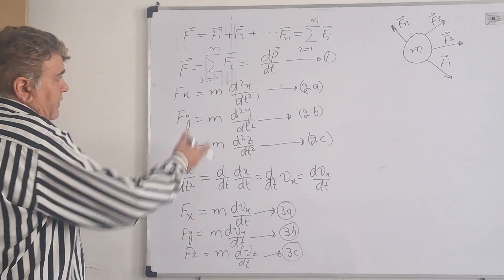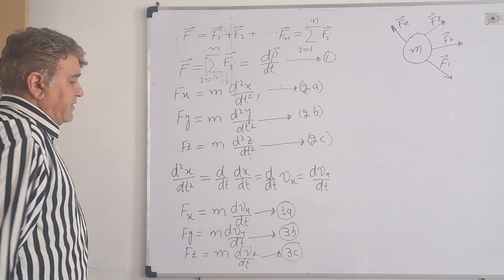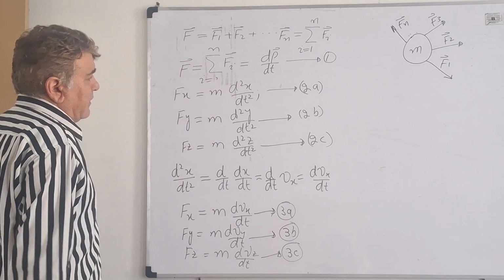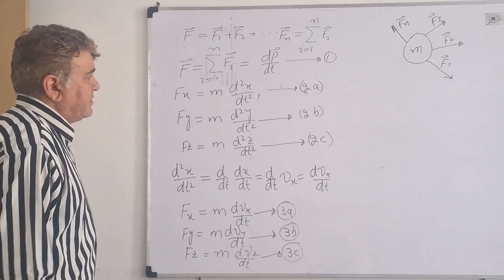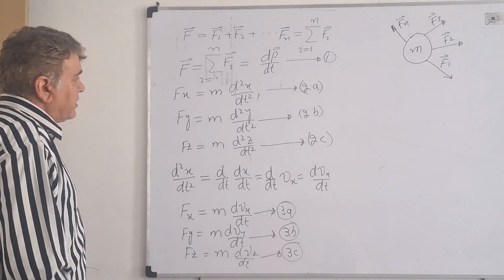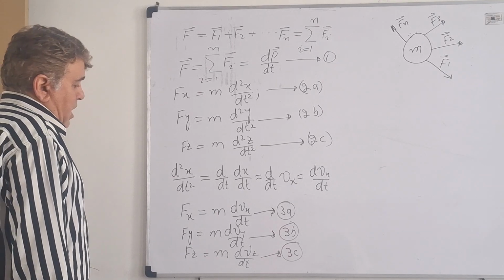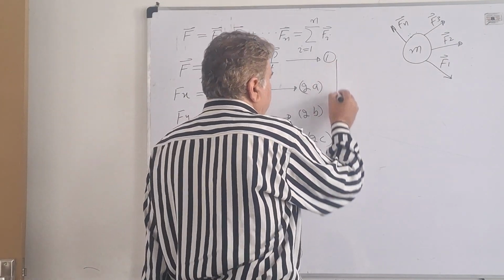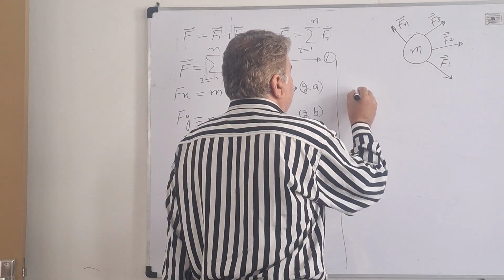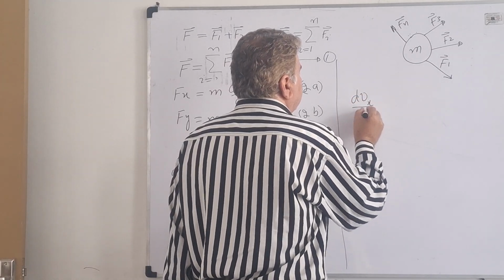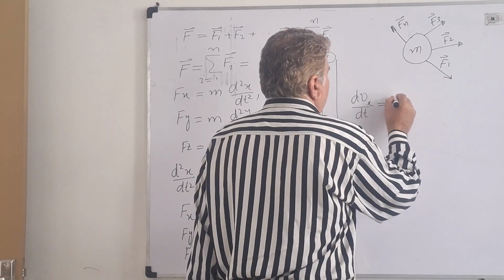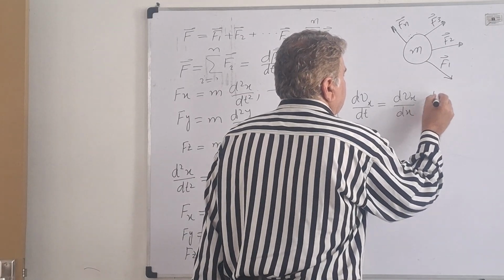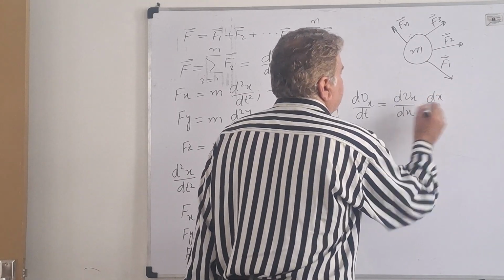Now, again, this is the same thing written in a different format. This is the first derivative of velocity, whereas those equations were written in the second derivatives of position, or of the coordinates. Similarly, I can rewrite this into another form. I can write dvx over dt as dvx over dx multiplied by dx over dt.